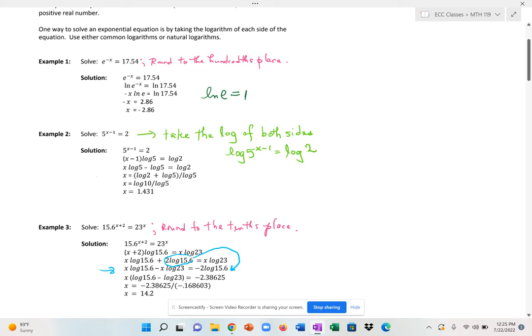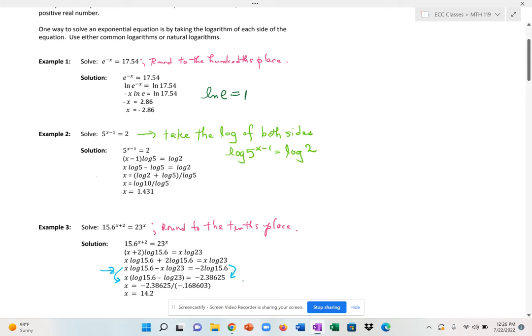And so I end up with negative 2 log of 15.6 on the right side. So here I factored out an x, which leaves me with x times the log of 15.6 minus the log of 23 equals, and I already plugged this into a calculator.